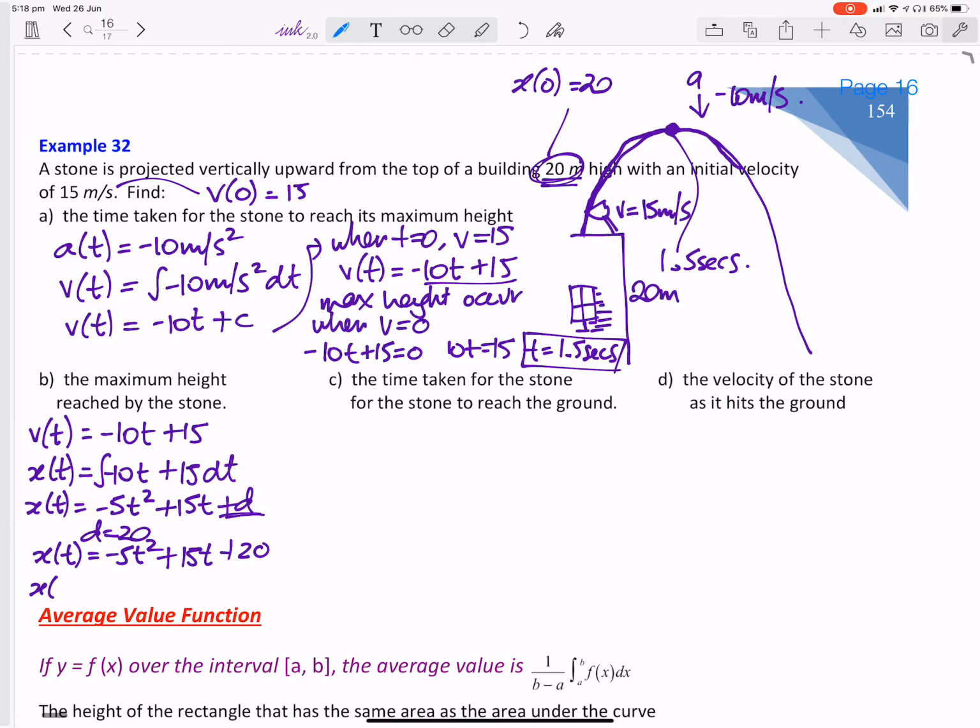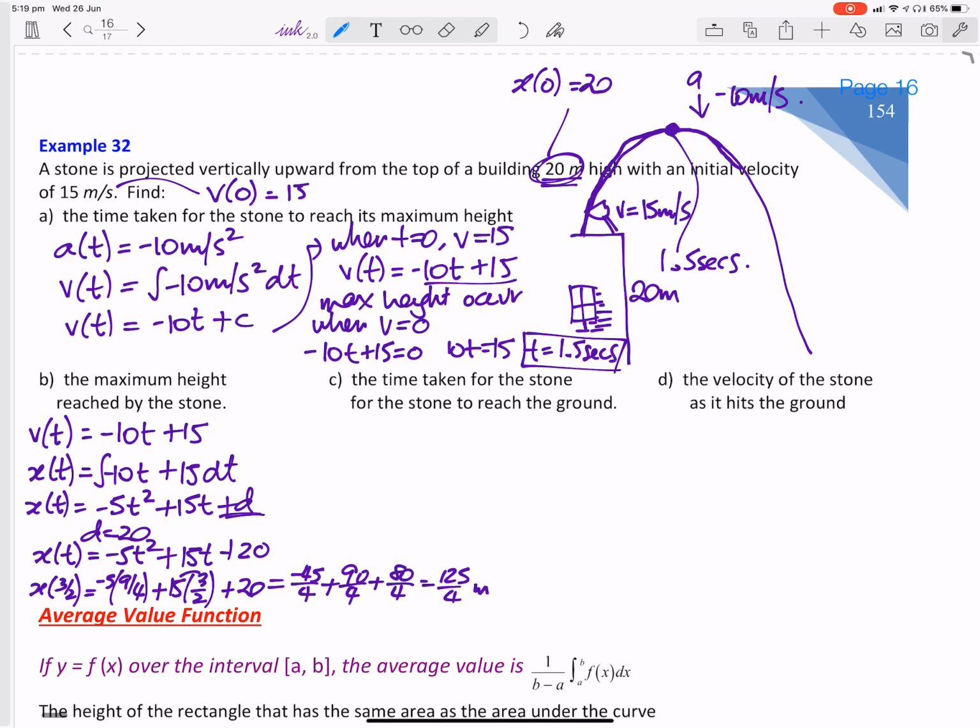And then we want to find x of 1.5, which is 3 on 2. So negative 5 times 9 on 4 plus 15 times 3 on 2 plus 20. Okay, negative 45 on 4 plus, that's going to be 45 on 2, which is 90 on 4, and then plus 80 on 4, which is 125 on 4 meters.